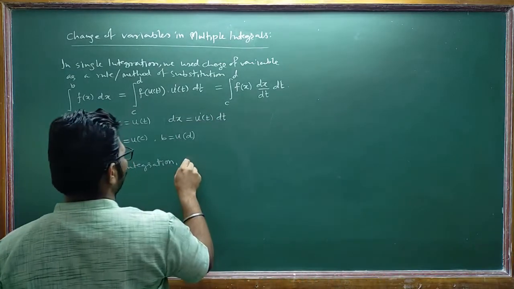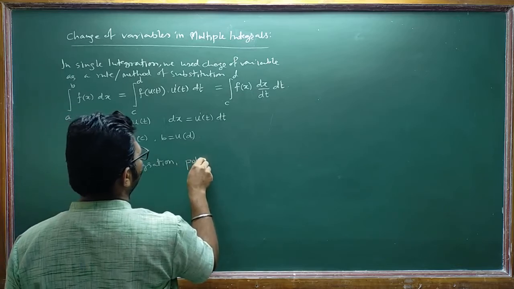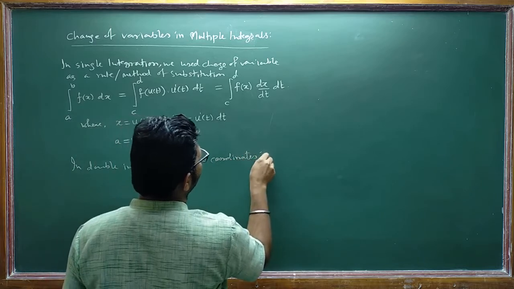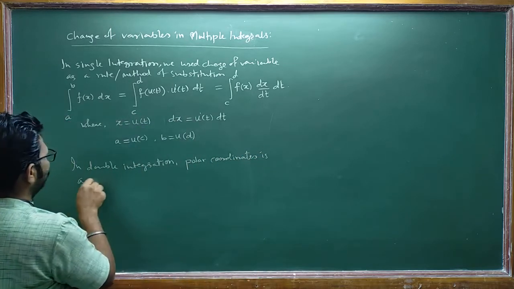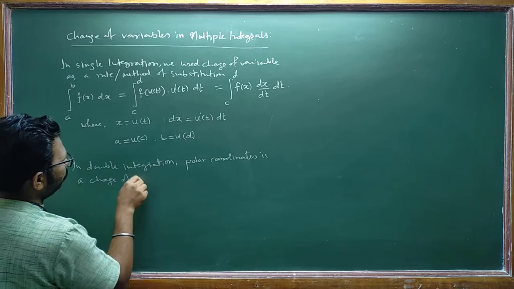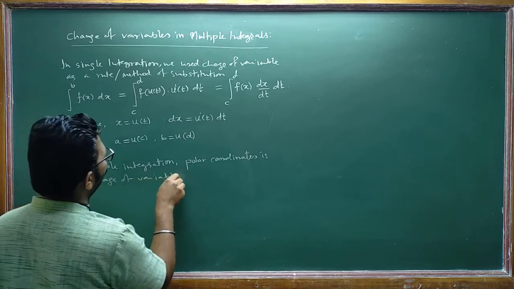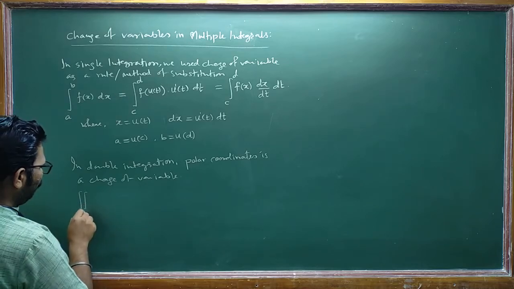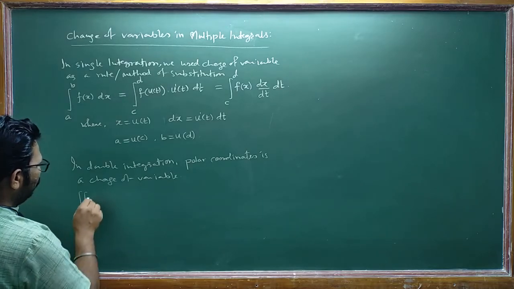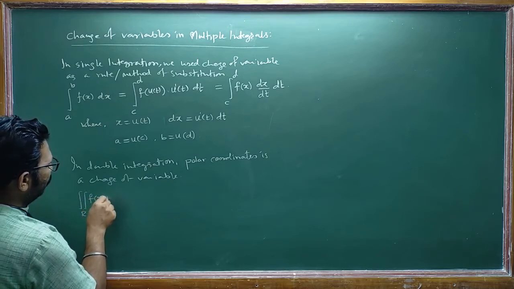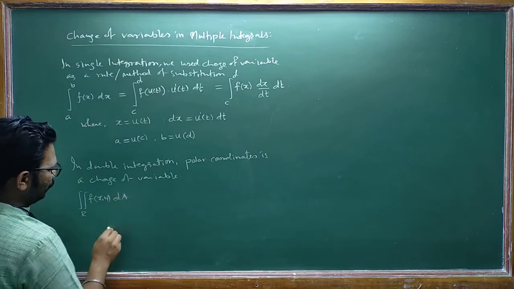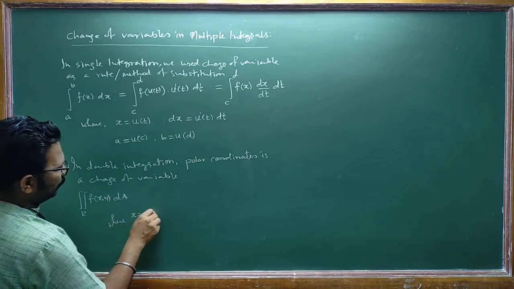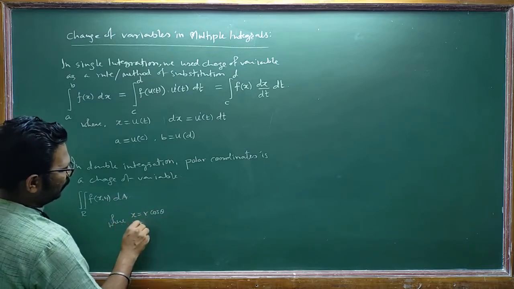So the use of polar coordinates is a change of variables. So what we do, if the double integral is given over some region R, f of x y dA, where we use the substitution, x is r cos theta, y is r sin theta.